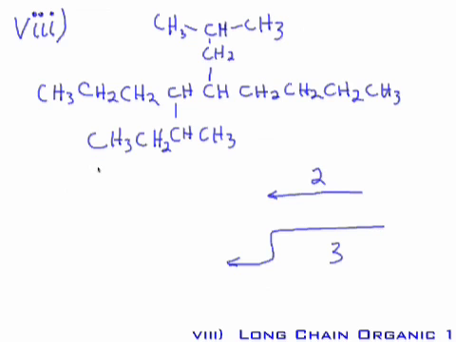Now I can number this way, 1, 2, 3, 4, 5, 6, 7, 8, 9. Or I can number 1, 2, 3, 4, 5, 6, 7, 8, 9. If I compare both numbering schemes, the first point of difference, first substituent on the blue is a 3-methyl.